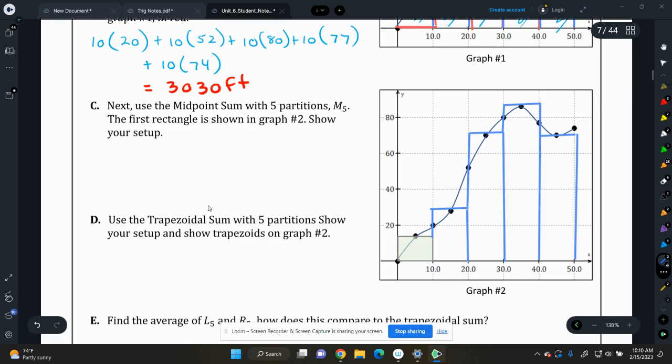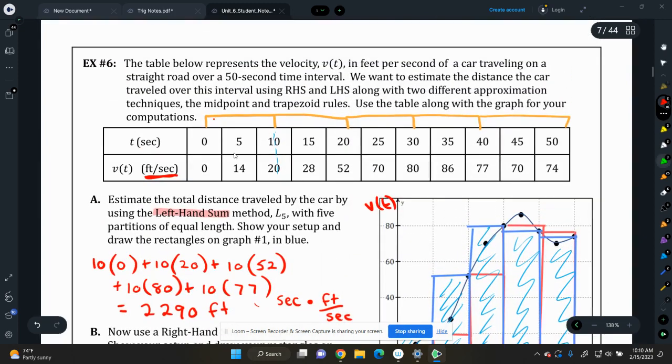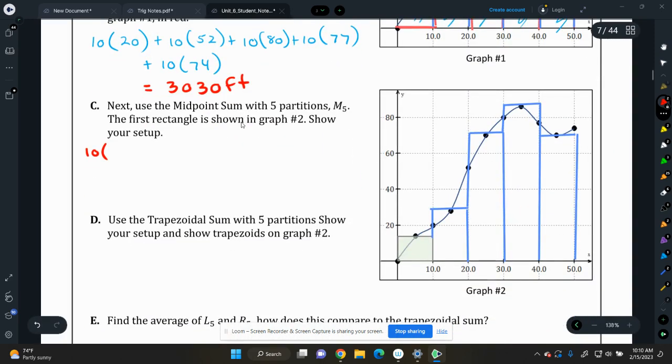There's my midpoint approximation. So if we look at our table, again, the width is 10. So 10 times, when I'm looking for the y value, I'm going to the middle. The rectangle goes from 0 to 10, so I'm looking for this y value.